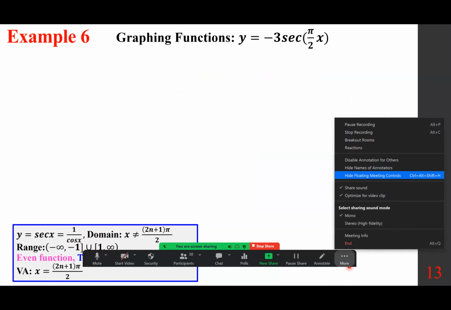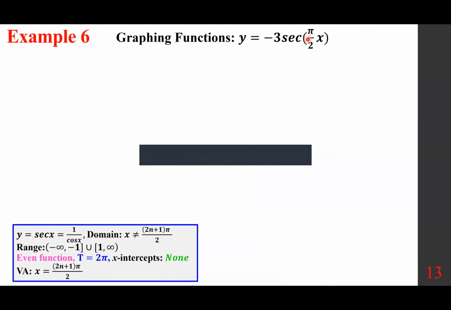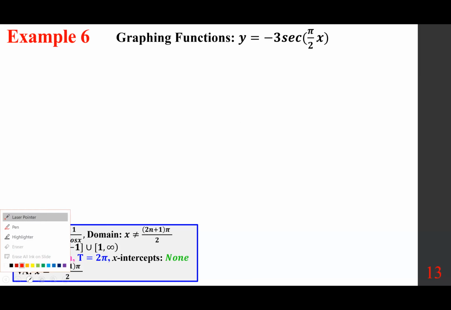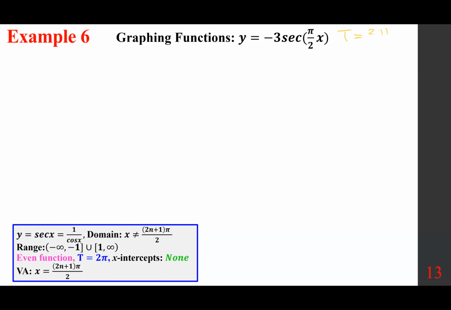So now notice the coefficient of x is pi over 2. So right away, the period T is 2 pi divided by pi over 2. So that gives you an idea, the period is 4, just to give you an idea how you calculate the period.